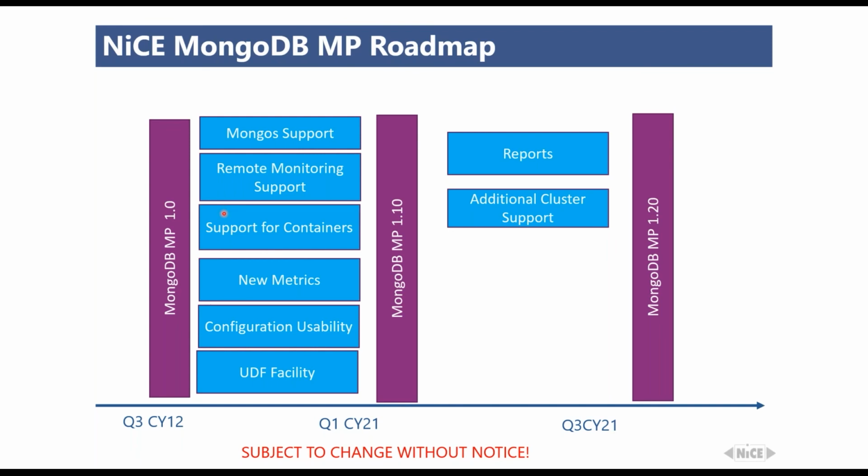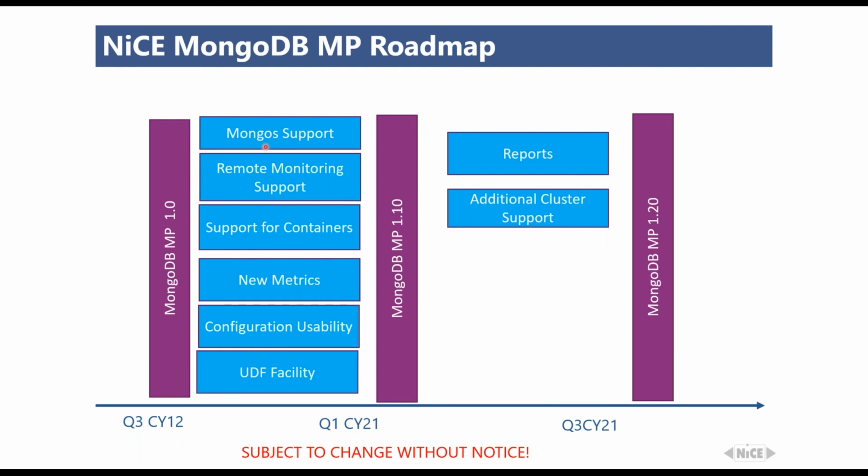Of course, we have received a couple of requests for that, and some of the prospects requesting it are on here. So this is currently the highest priority and might become available even earlier than Q1. If you run MongoDB on a container, in a Kubernetes cluster, OpenShift or so on, we will have the ability to monitor those, even if there's no SCOM agent installed on them. That is currently what we are working on.